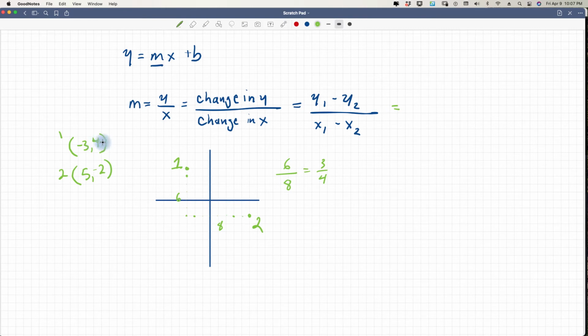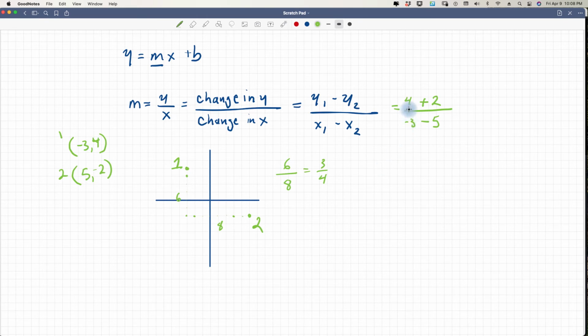So the y value of 1 is 4, and we're going to subtract the y value of point 2, that's negative 2. So when you subtract the negative 2, it turns into a positive. All right, we're going to do our x values. The x value of point 1 is negative 3 minus the x value of point 2, which is 5.